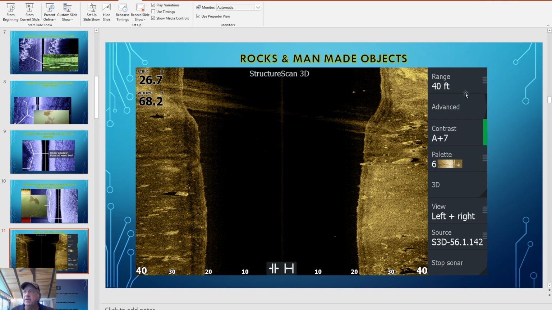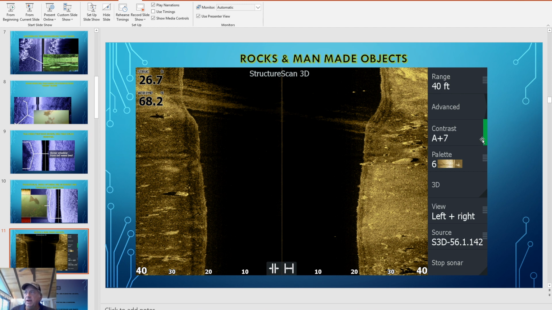Some of the things I talked about earlier: I'm in 20 feet of water. I typically have my range set to twice that to provide very good images. The further out you go with your range, I guarantee you'll probably get less detail. So you really want to pay attention to your range.